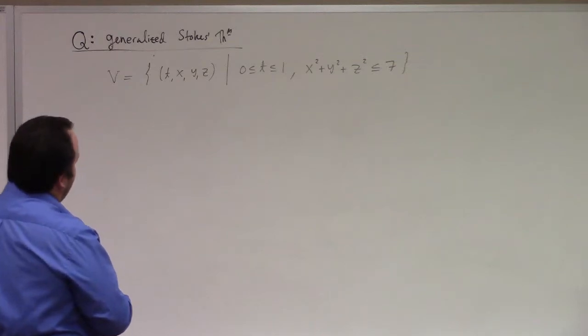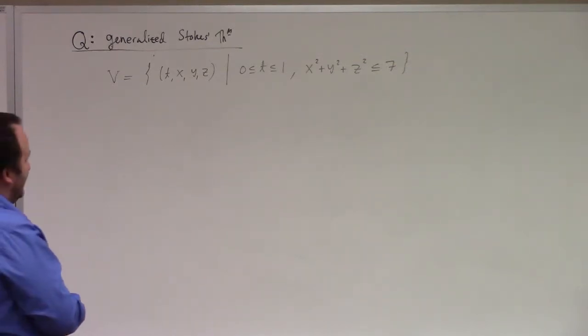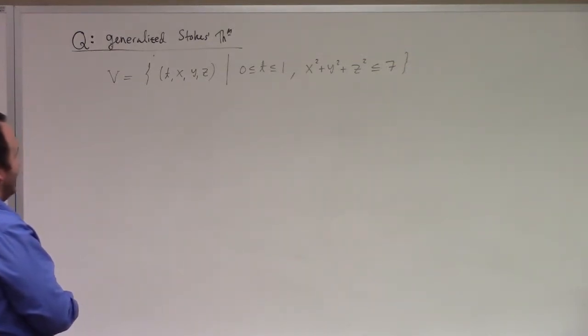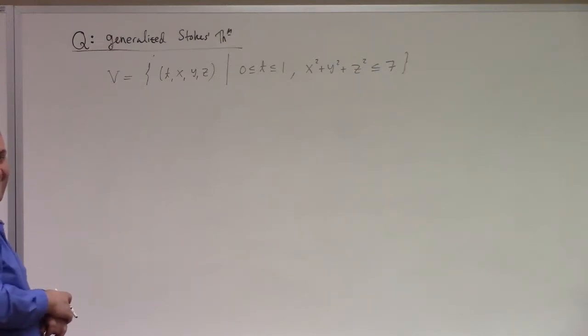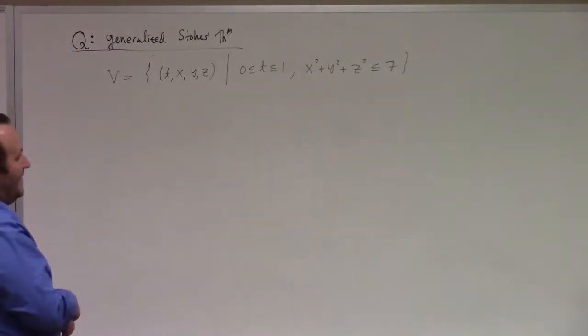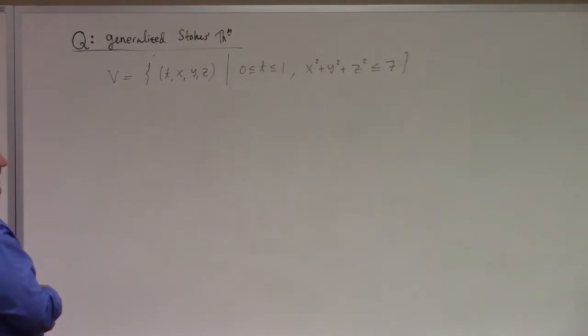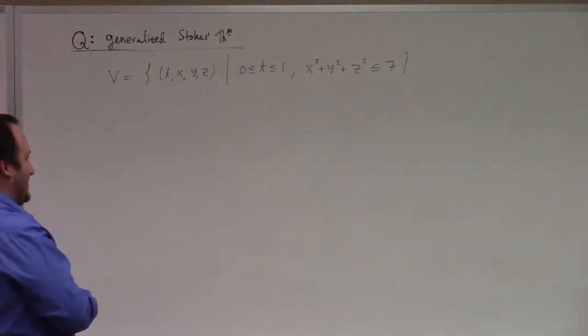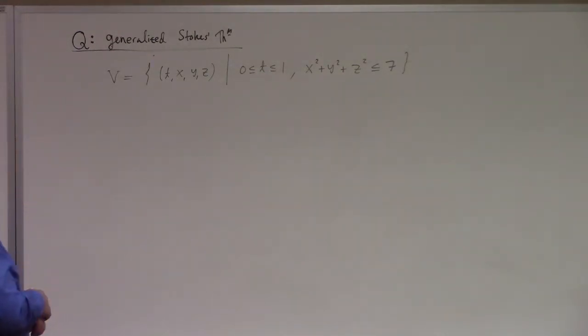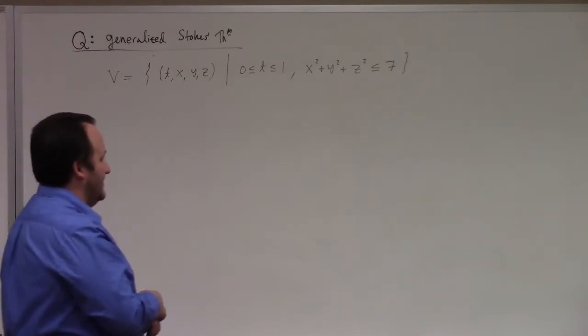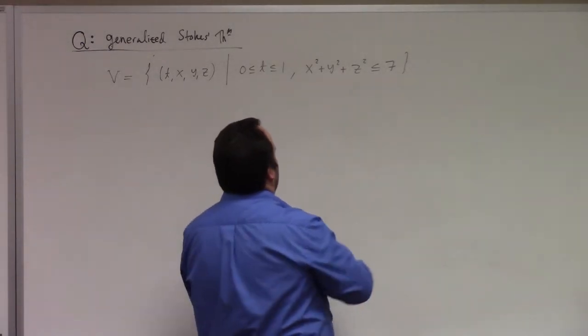Am I sure that's a 3 manifold? Isn't this a 4? I think it's a 4 manifold. I think you're right, yeah. I should have put equal to 7, yeah.